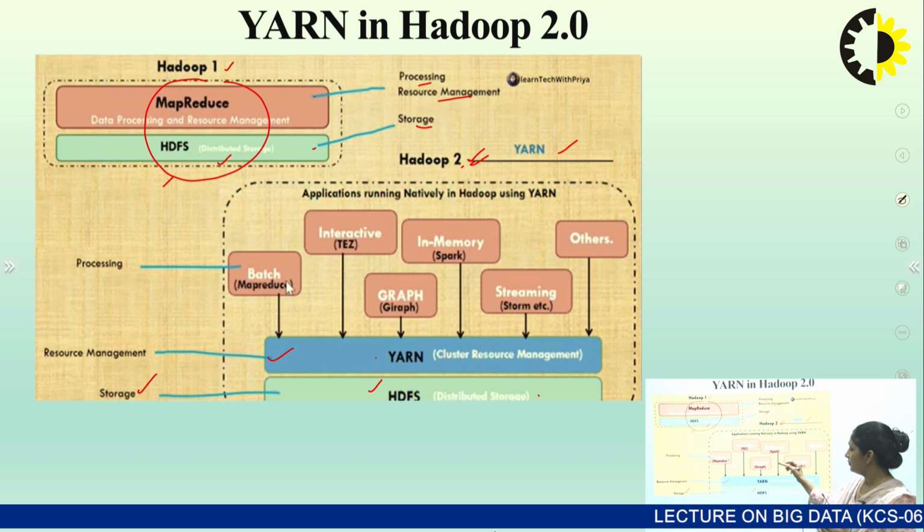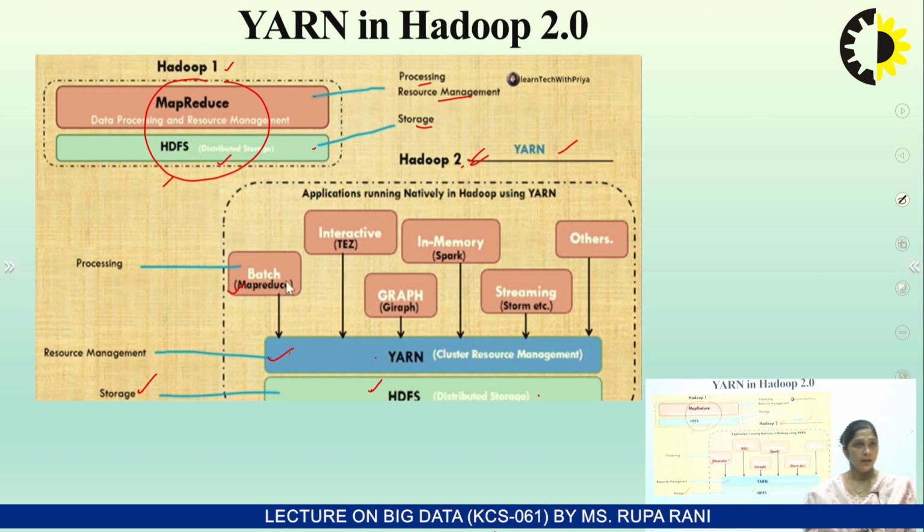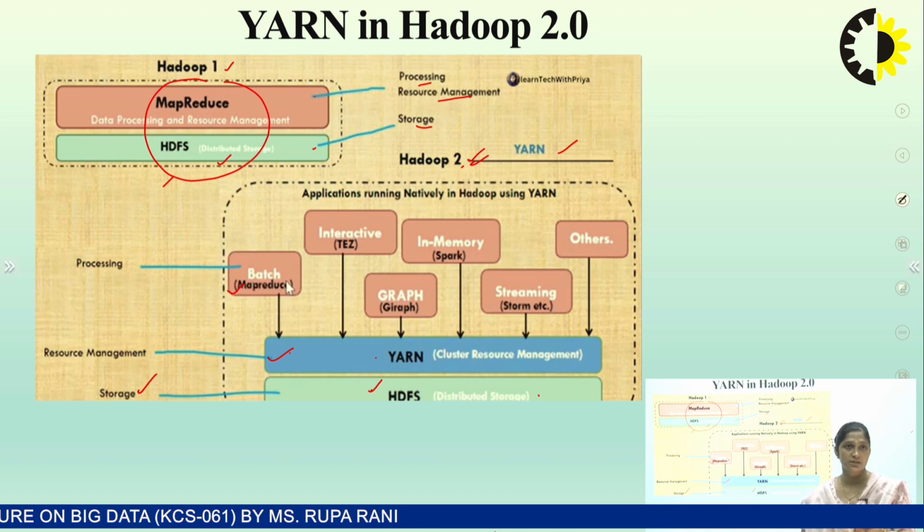It means we are using three components in Hadoop 2.0. First component HDFS, second YARN, and third MapReduce. In earlier versions, Hadoop 1.0, we were only using MapReduce for batch processing, like historical data.